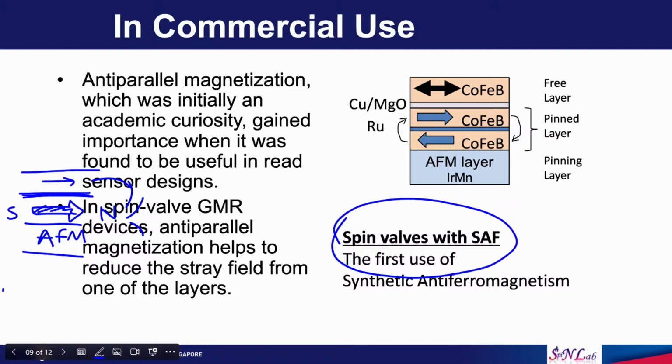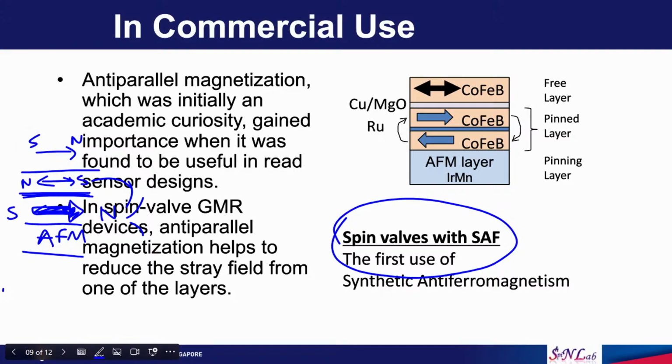For example, this is the north pole. Preferably having a south pole here is more favorable, because when you have two magnets, north-south and south-north in contact is more stable. So, if you magnetize this layer in one direction, this is favored, whereas the other direction is not favored.